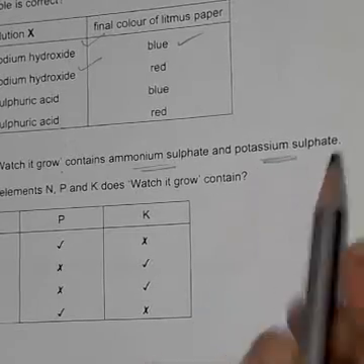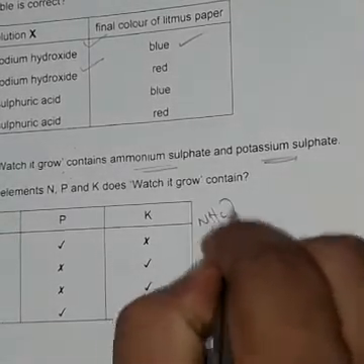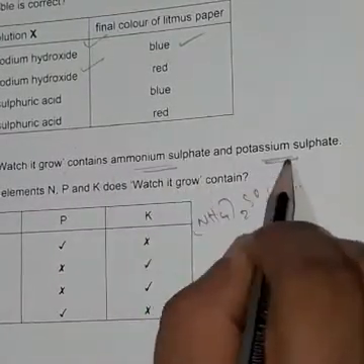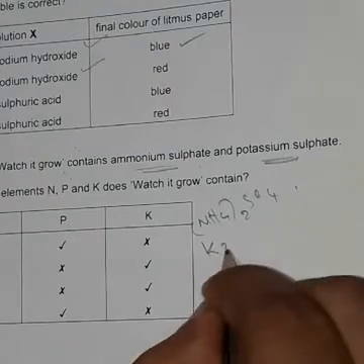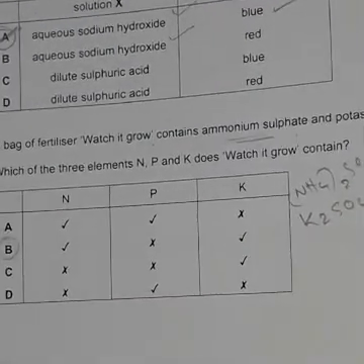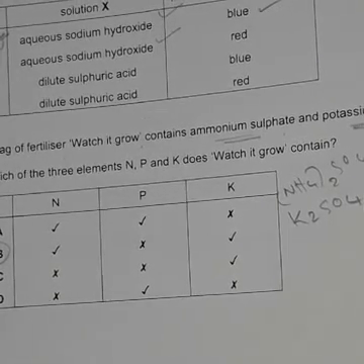Ammonium sulfate means (NH4)2SO4, and potassium sulfate is K2SO4.